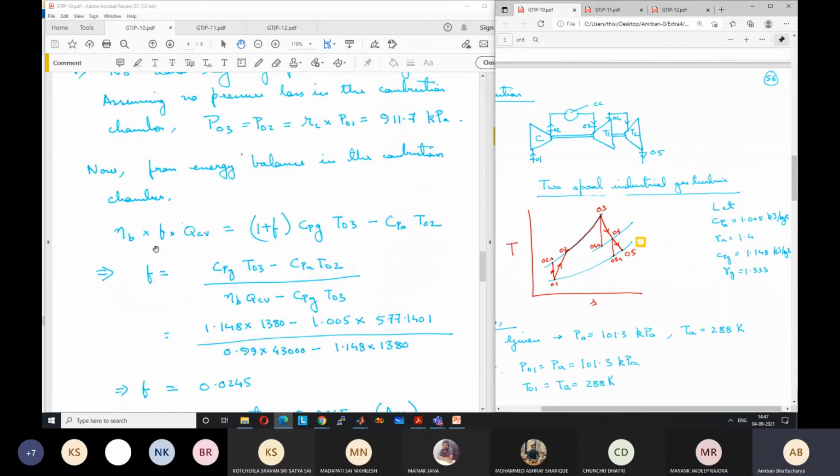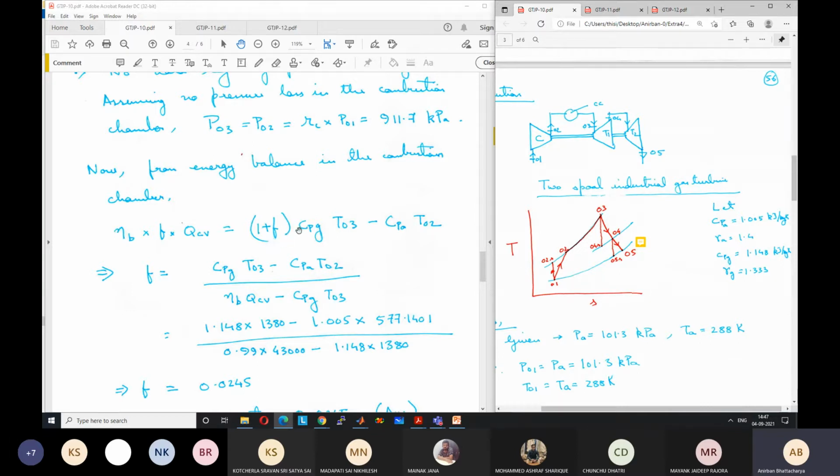And eta B is the combustion efficiency. This gives us the actual energy that is increased in the combustion chamber.